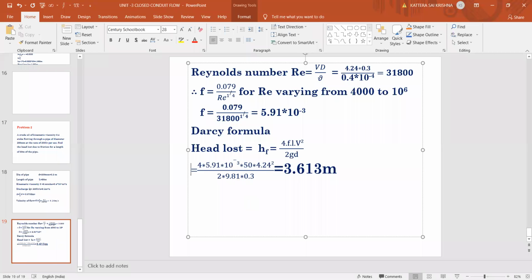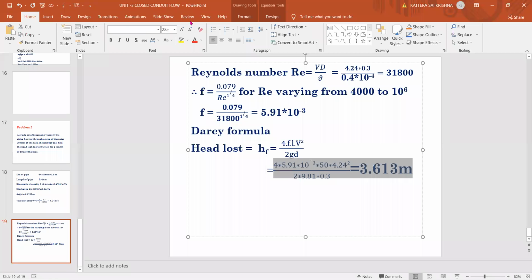So we can copy this. So this is the loss of head created because of the friction loss. That is 3.61 meters of losses are done because of the friction.